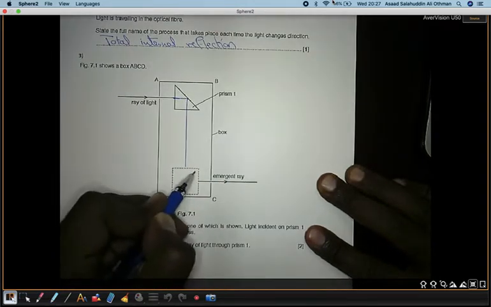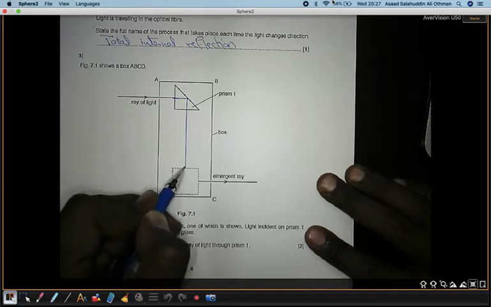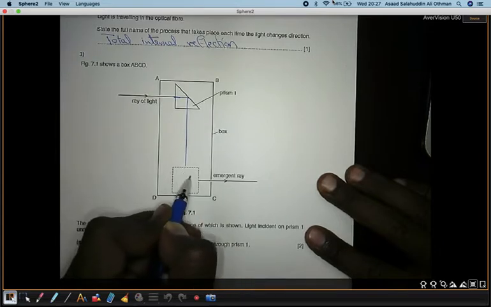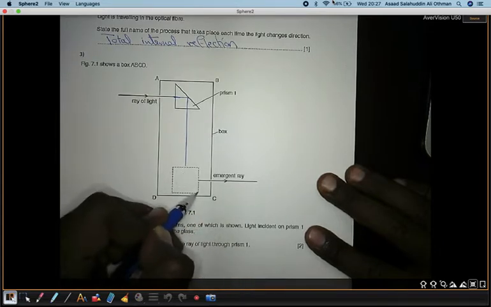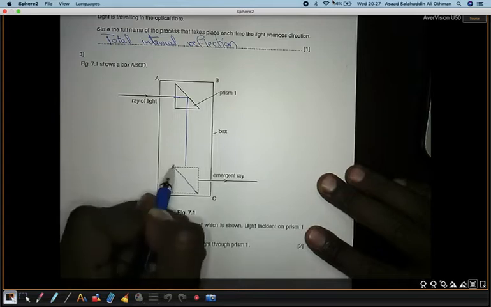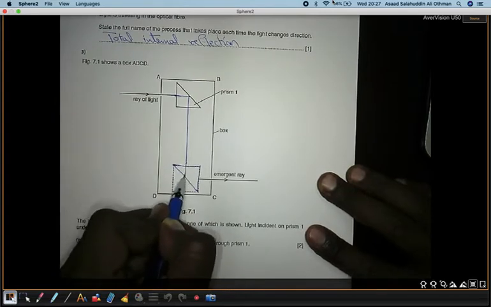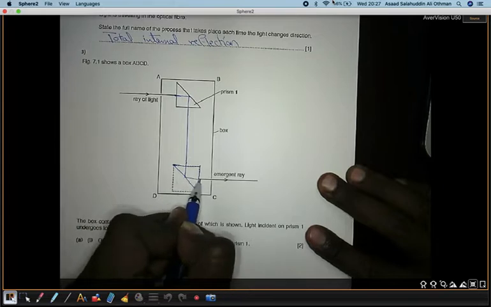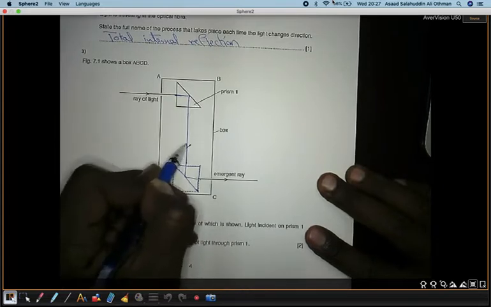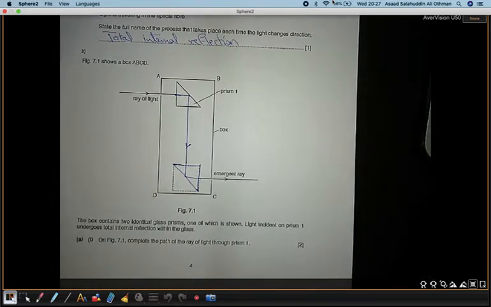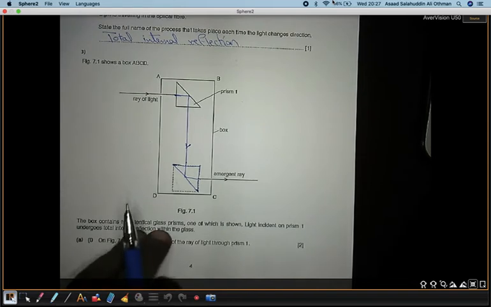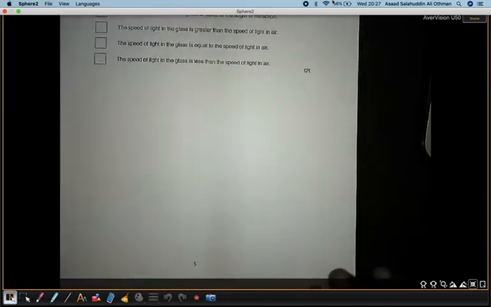And when it reaches here, we need to draw another prism so that it totally internally reflects again. So your prism is going to look like that. It's used in submarines. It's used to view something at the top while you're at the bottom. Okay? And this is it for this question.